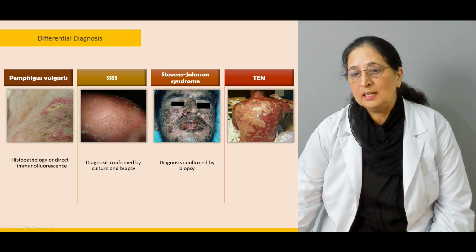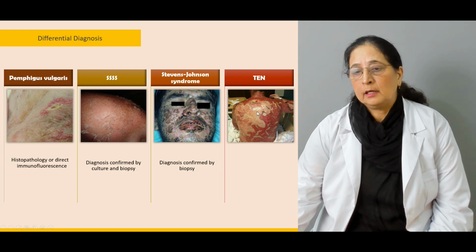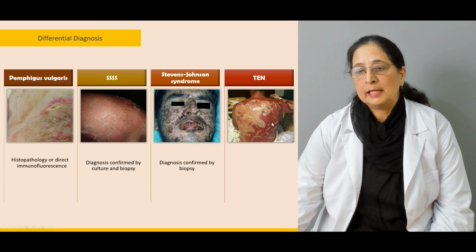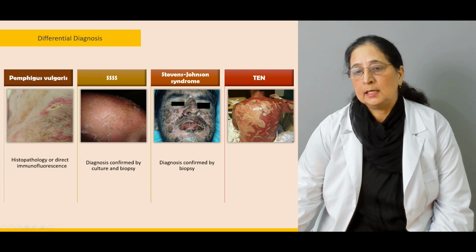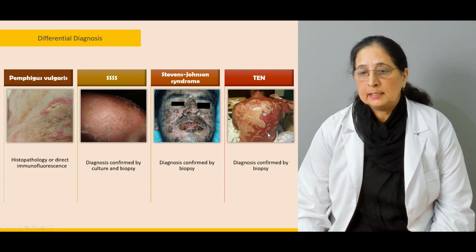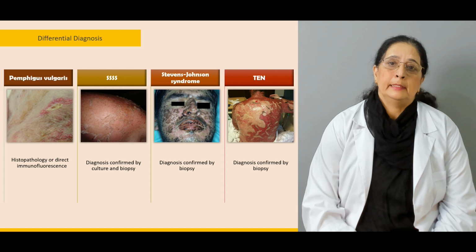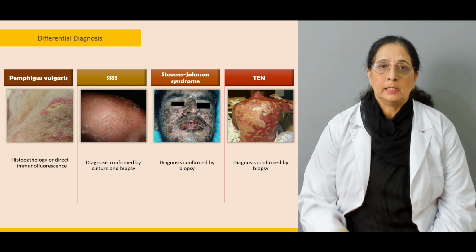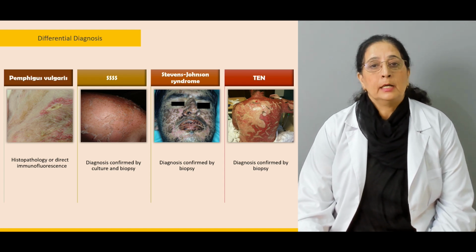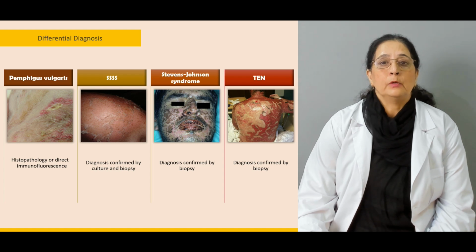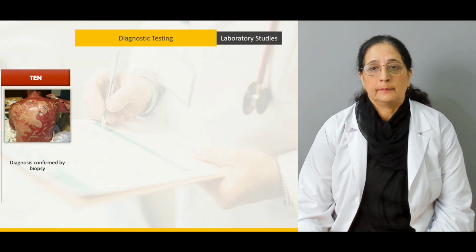You can see the epidermal necrolysis, or death and scaling of the skin, is present, and this is again diagnosed by biopsy. So these are some conditions which come in the differential diagnosis of the burn patient.